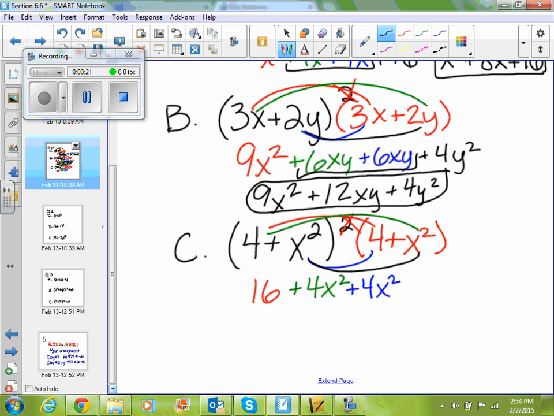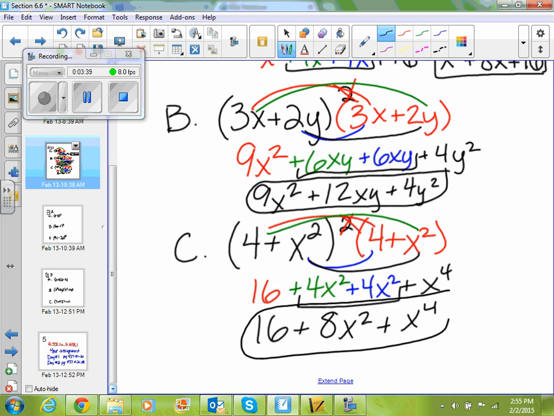And x squared times x squared is x to the 4th. Very good. Now we combine our middle two terms. 16 stays the same. What's 4x squared plus 4x squared? 8x squared. And the x to the 4th stays the same.